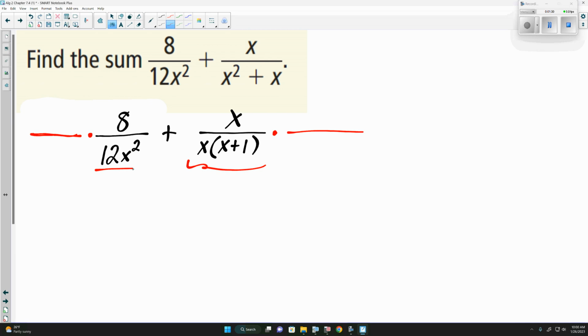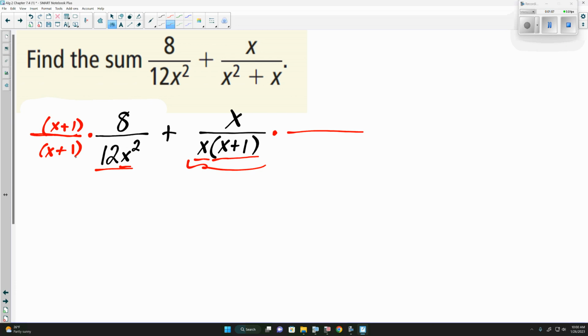The right side does have 1x, but the left side has 2 of them, so it's fine there. The right side has x plus 1, the left side does not, yes? So we need to multiply it by x plus 1 on top and bottom. The right side does have 12, but since the left side doesn't have any number besides 1 out in front, we don't have to do anything with it.